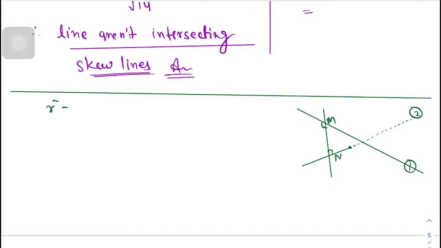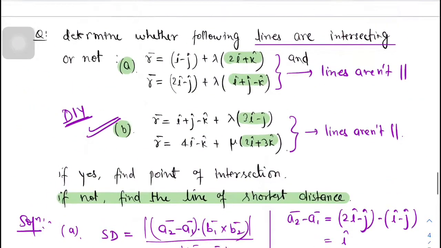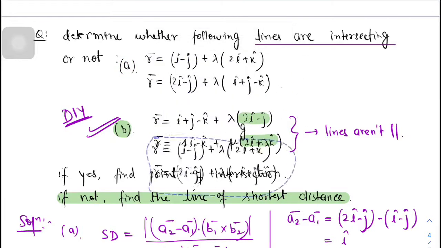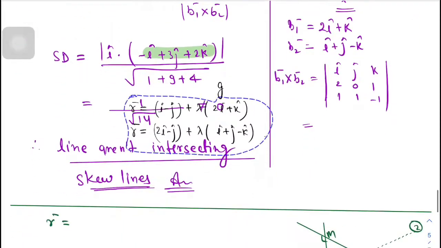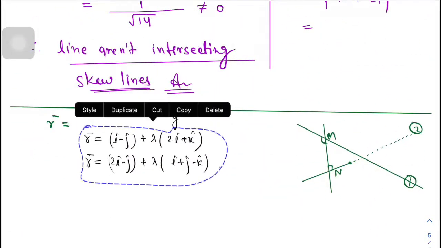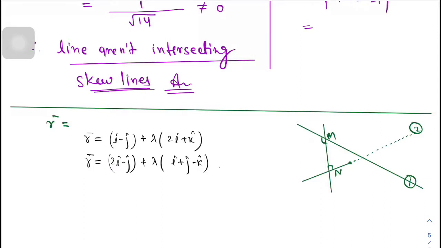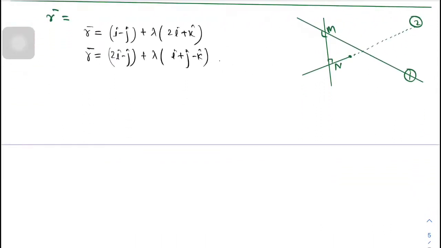The first line was r equal to, let me copy the first set of lines. Okay, so the first set of lines are these two lines. This is the first and this is the second line. There is no need to write the Cartesian form.